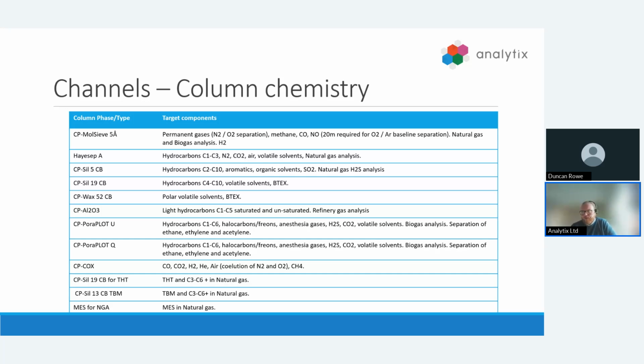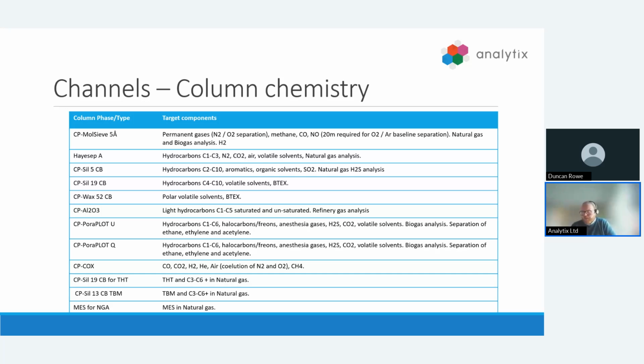So just to go through a list of some of the common channels that are available. We have the MolSiv channel, which is used for analysis of target compounds including permanent gases, methane, carbon monoxide, nitric oxide, and hydrogen, and is used in the natural gas and biogas analyzers.